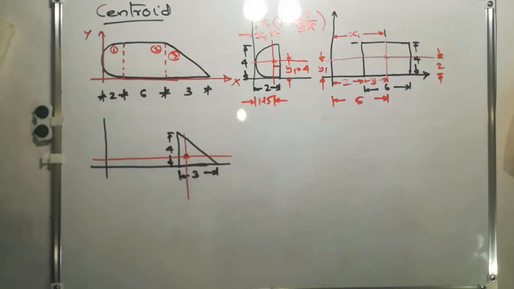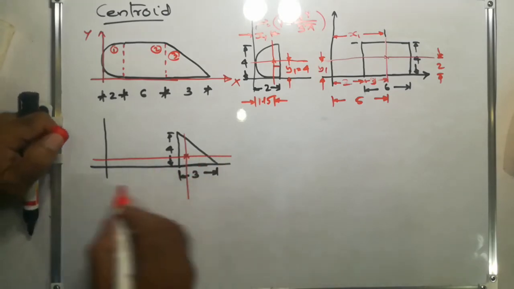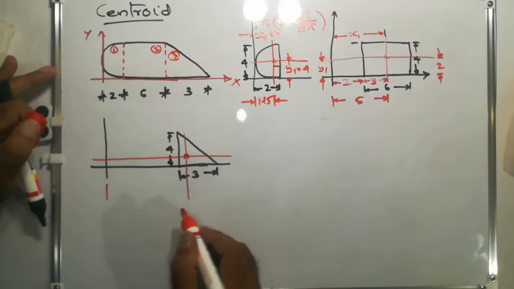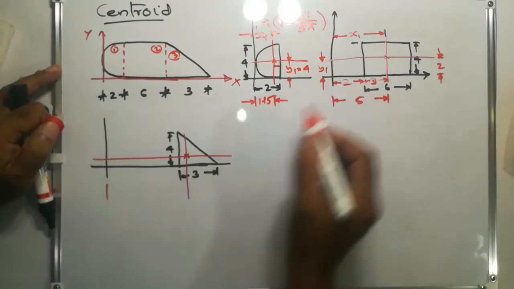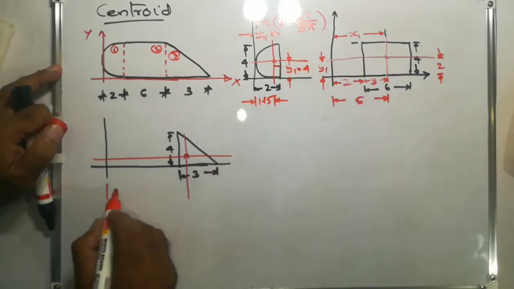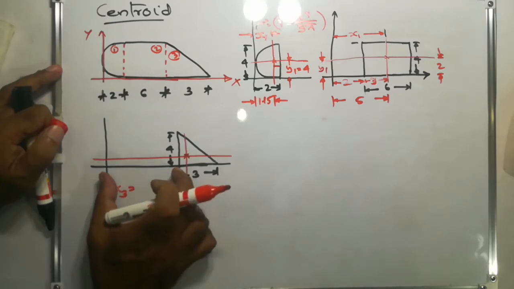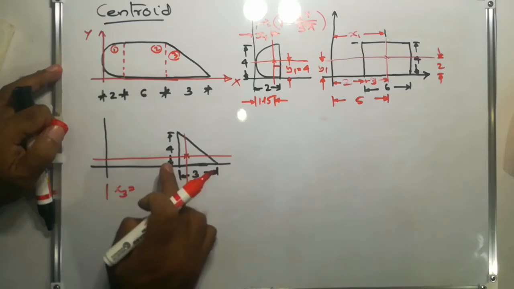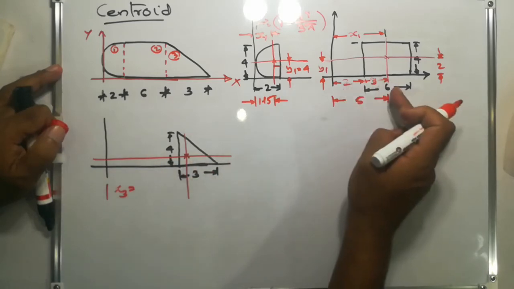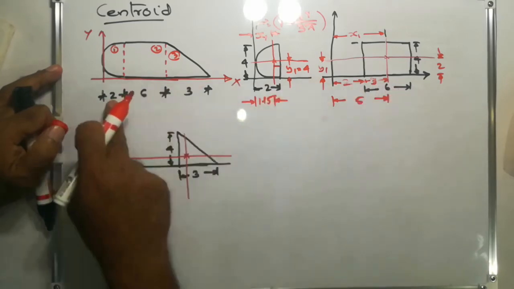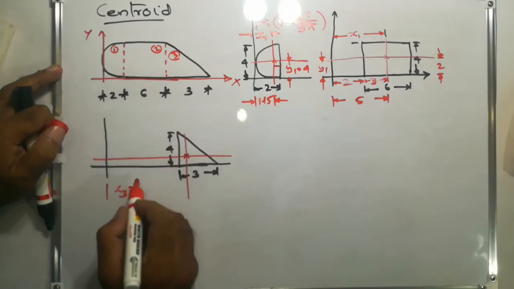How do we find the centroid distance x3? This distance is 2 plus 6, that is 8 centimeters.